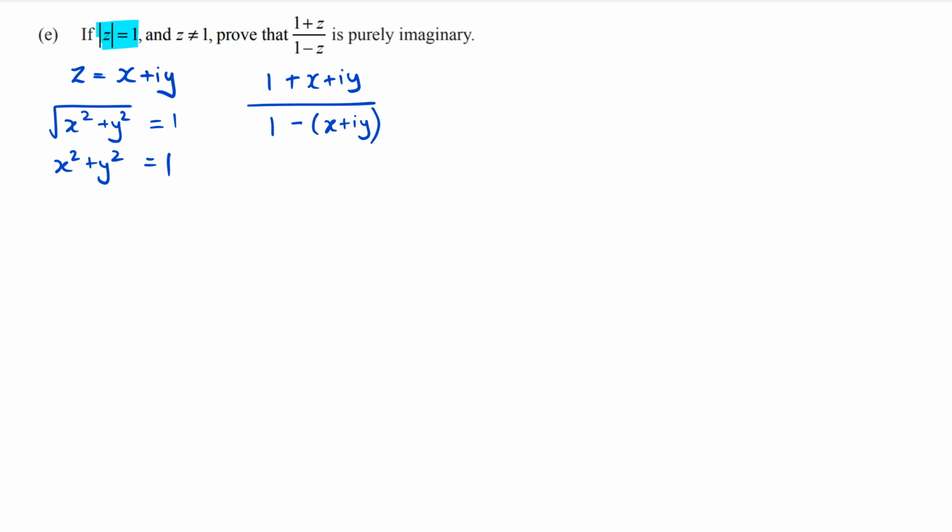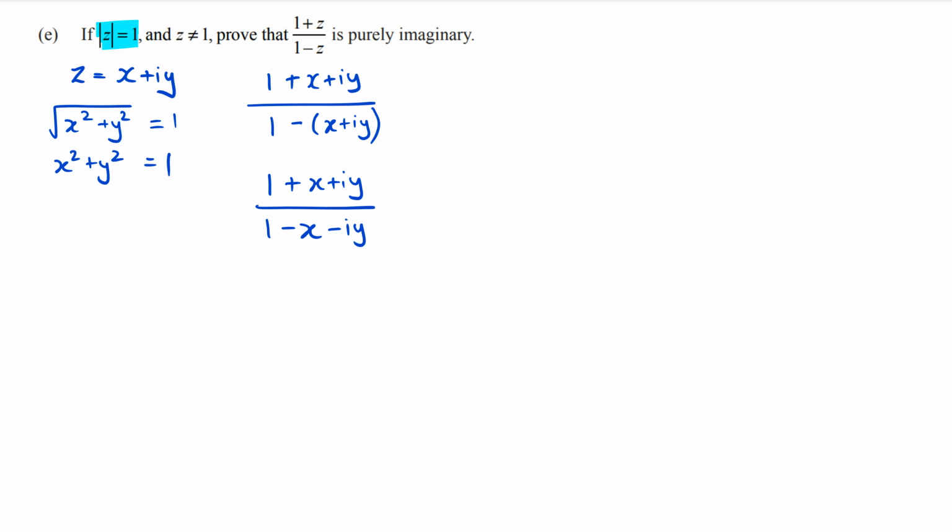Now once I do this, our next step is to rationalize the denominator. So to do that, we're going to go 1 plus x plus iy. Can't really do anything in the numerator, but in the denominator we can rewrite this as 1 minus x minus iy. So that's all good to go.